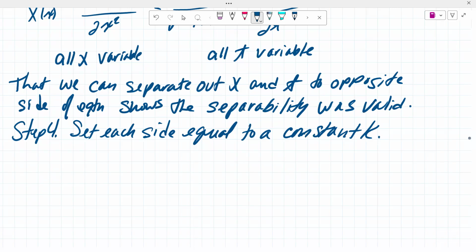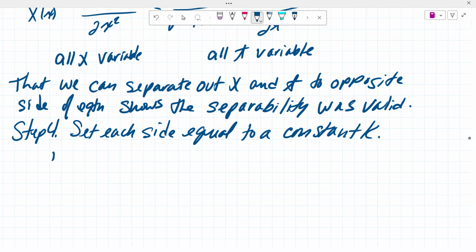And in order for the equation to be equal, that number that they each solve to would have to be the same. So you could think that number is k, it's just that we don't actually know what the answer is yet. Maybe k is more complicated than just a number, but let's think about it in simple terms, and hopefully that makes sense. So the separability can only be true if the two sides are both equal to a constant k. So let's go ahead and take advantage of that.